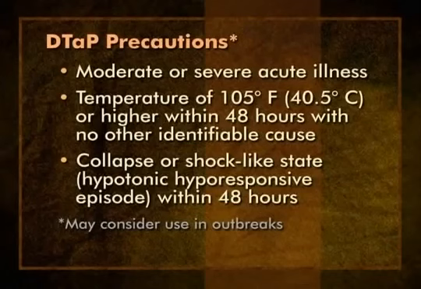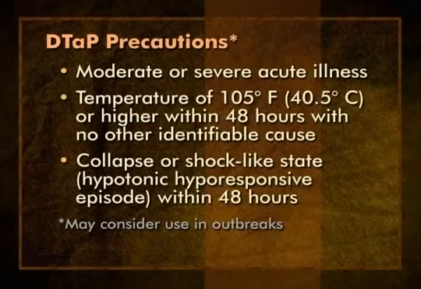Here are the precautions for DTaP. As with all other vaccines, moderate or severe acute illness is a precaution, and vaccination should be deferred until the acute condition improves. If any of the next 4 events occur following pertussis vaccination, then additional doses generally should not be given. Temperature of 105 degrees Fahrenheit or higher, that is 40.5 degrees Celsius or higher, within 48 hours with no other identifiable cause.